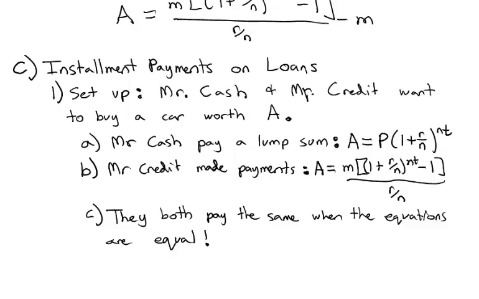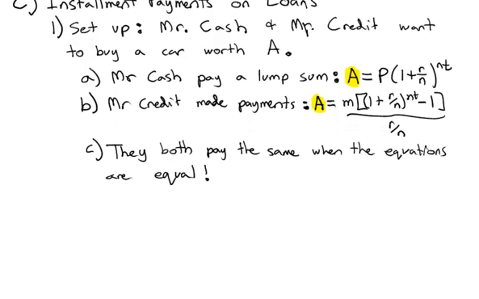You notice that they're both equal to A. Well, if those A's are the same value, the same amount in the account, either investing a lump sum for 5 years or making payments for 5 years, we want the same amount in the account when the equations are equal. And so that gives us our installment payment formula.